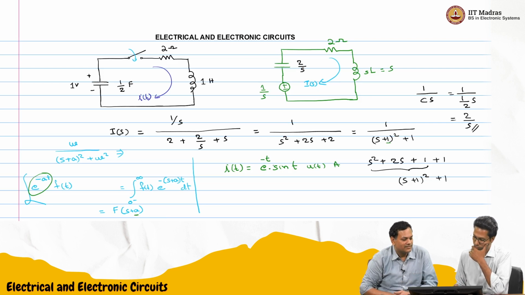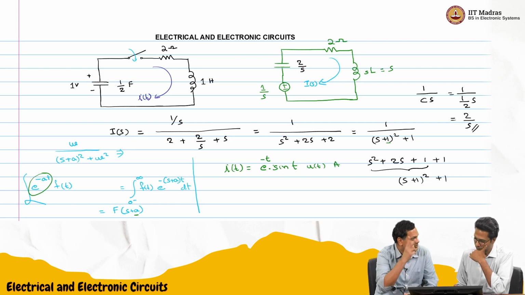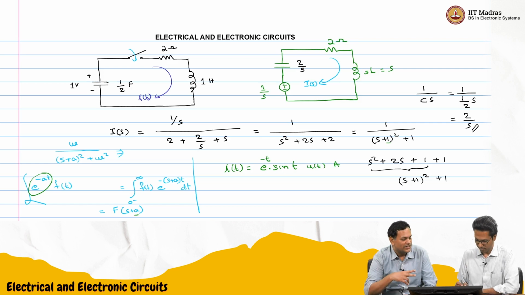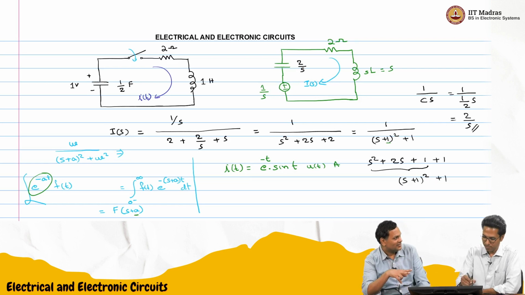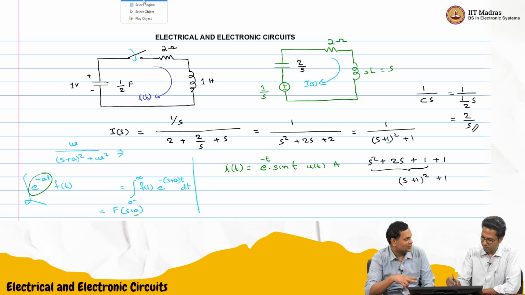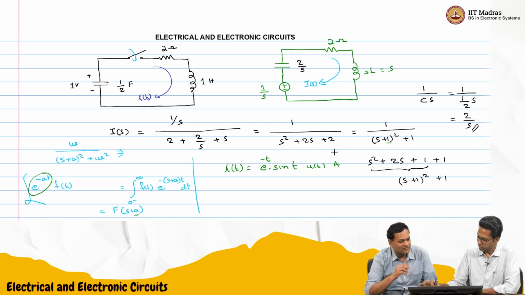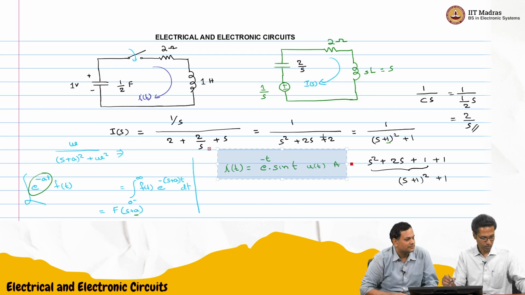This is actually quite interesting. I don't think we've ever seen a function like this before. So maybe we can quickly plot it to let the students understand. It looks like at every point we are multiplying the sinusoid with an exponential. Maybe we can do it in a fresh page.